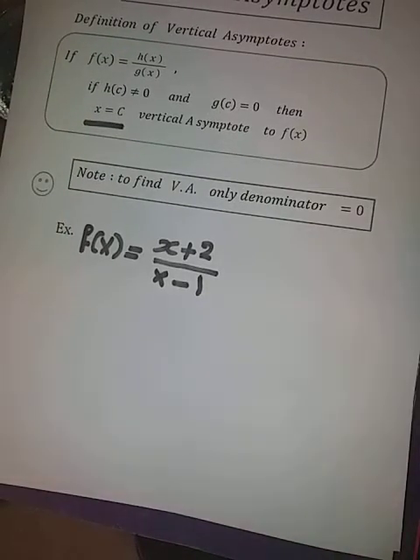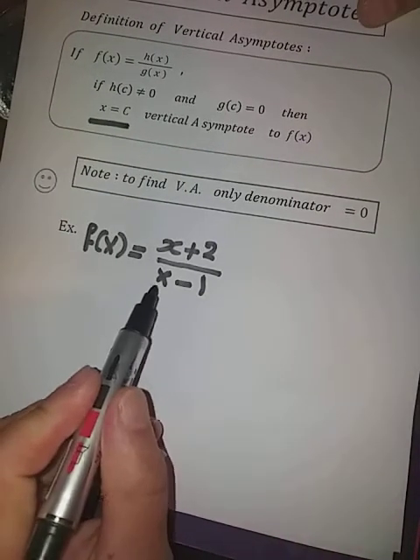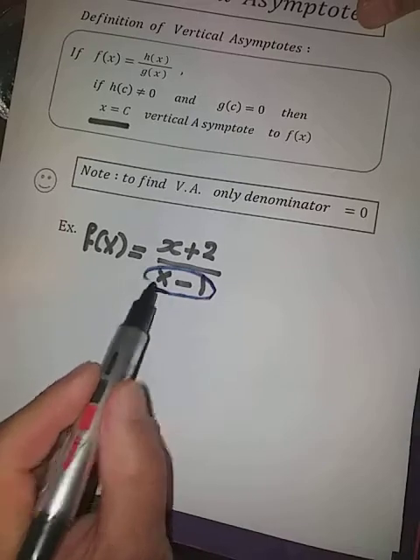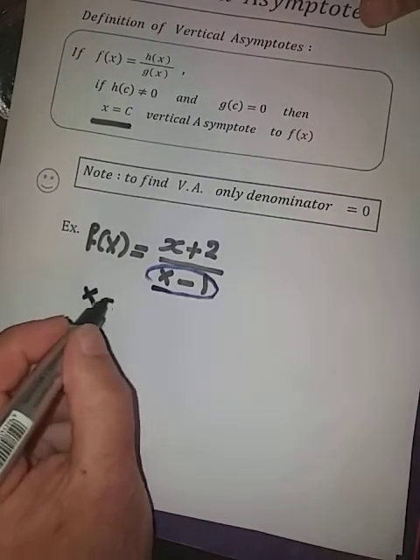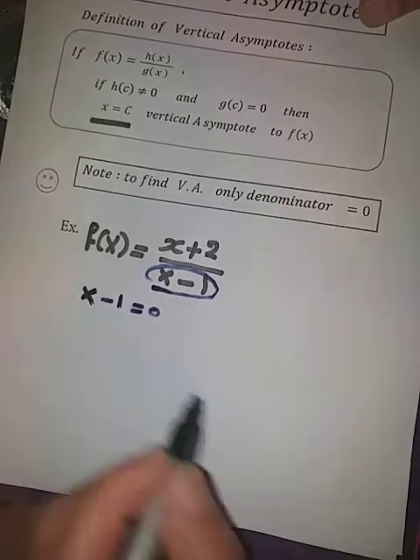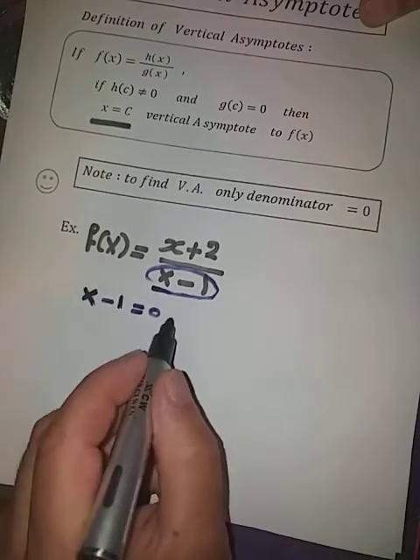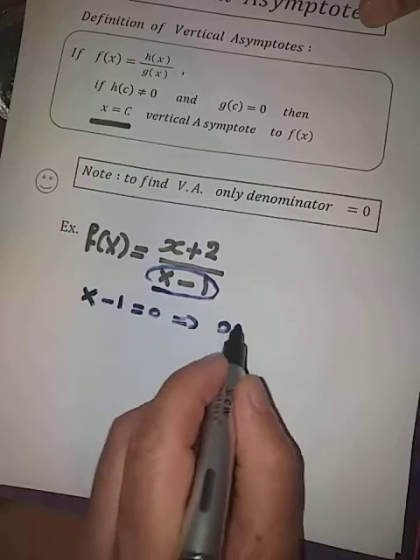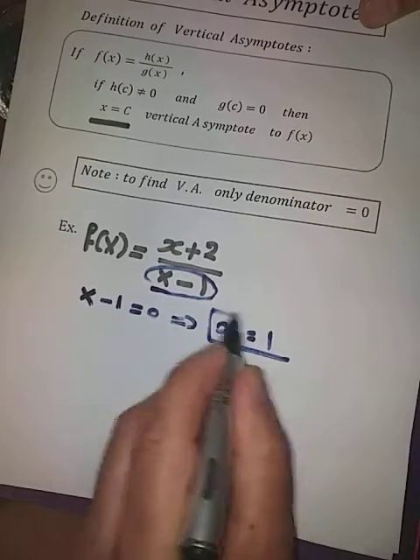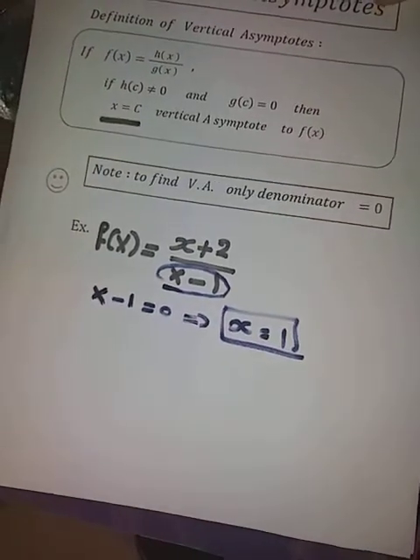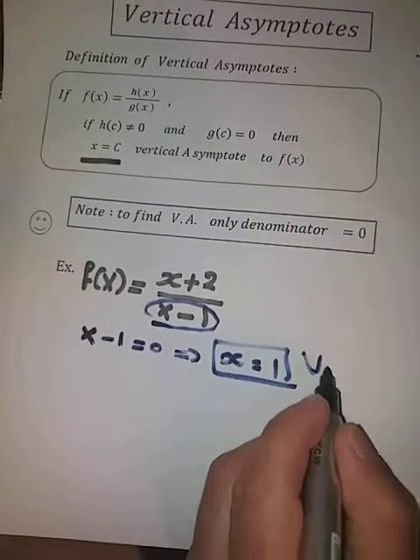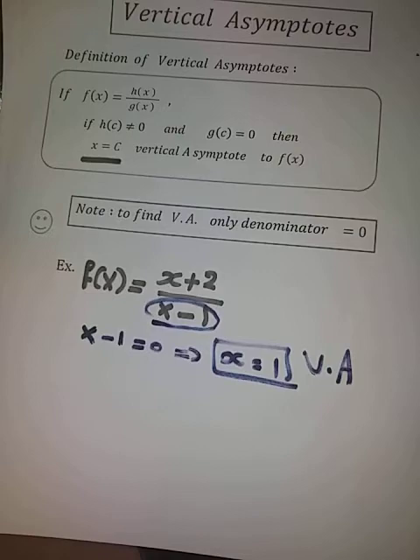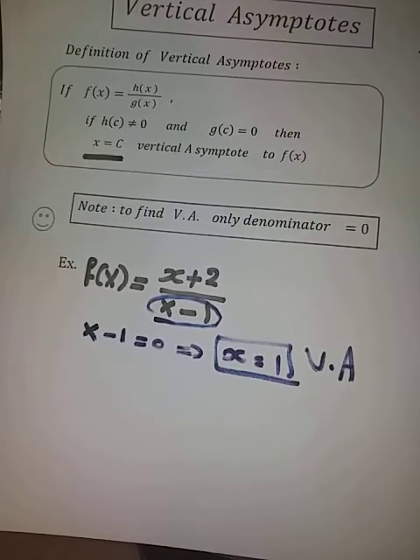Just look at the denominator. Equalize it to 0, which implies x is equal to 1. So x is equal to 1 is the vertical asymptote.